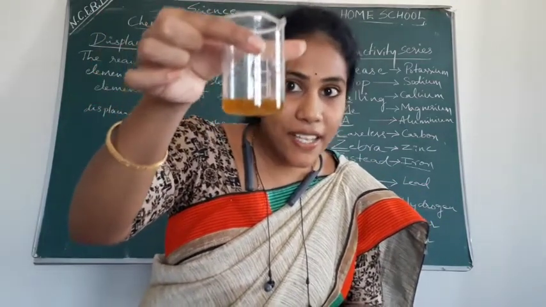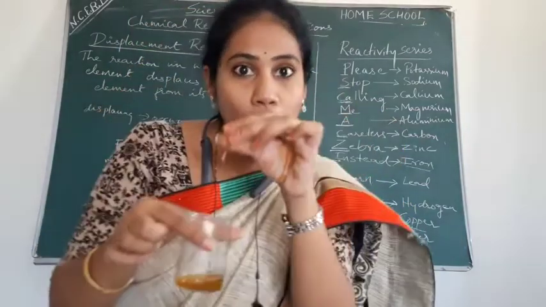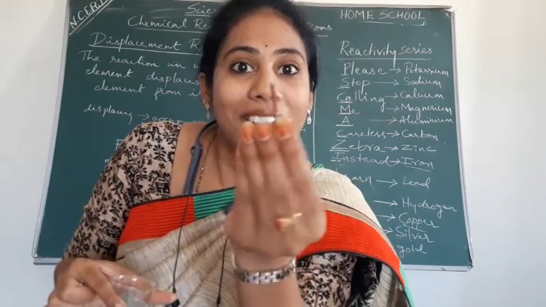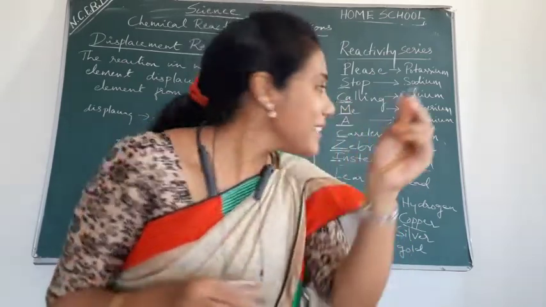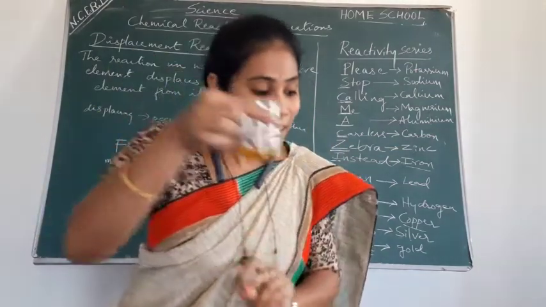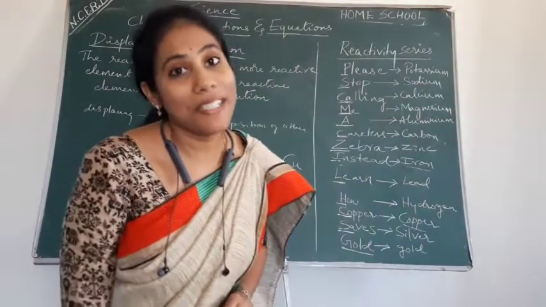This is our iron sulfate solution product, and on the iron nail I have dipped here, this brown color thing has been deposited, and this is your copper. Clear everybody? Fine. So this is what we will call a displacement reaction.